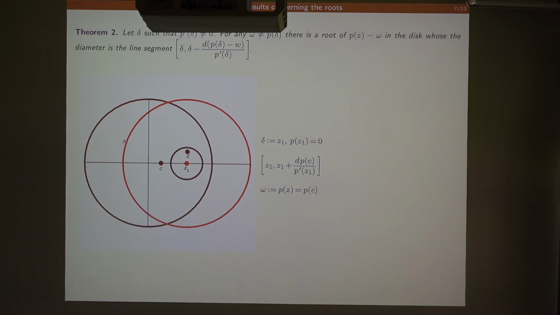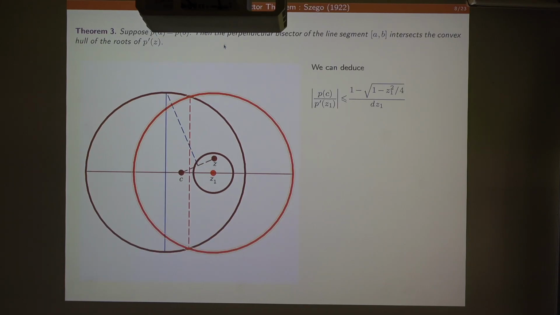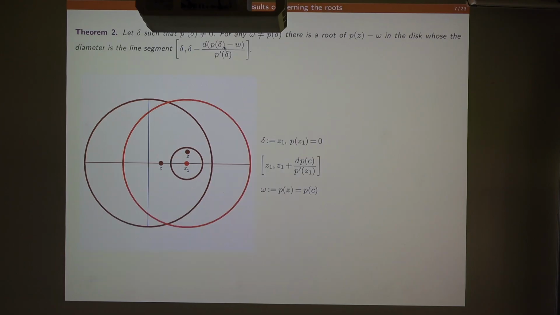The result says that there exists Z like that. Okay. The result says there is a root of P delta minus omega. And you apply this result to this situation, and you obtain this. Okay?